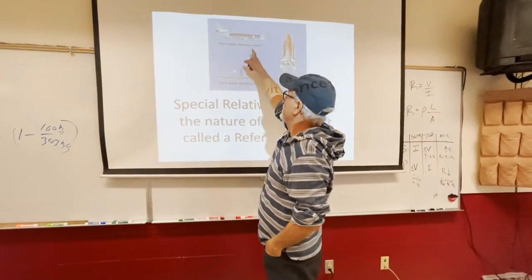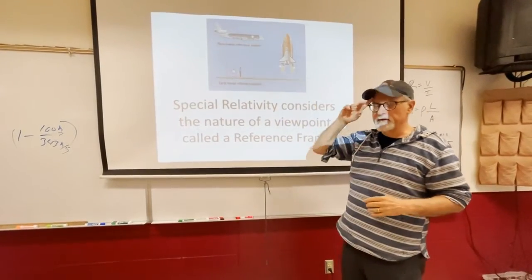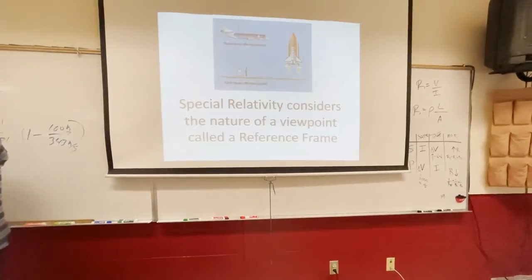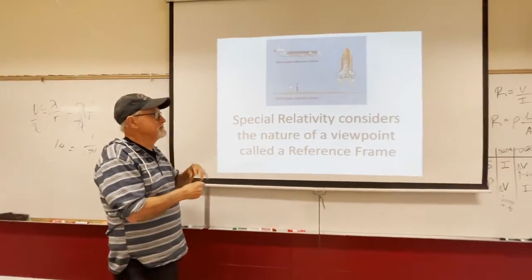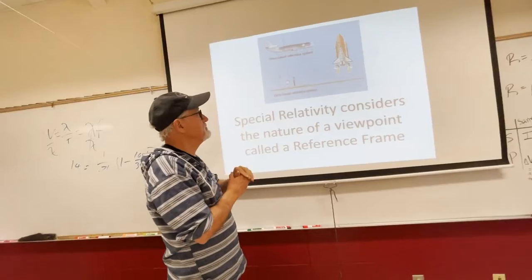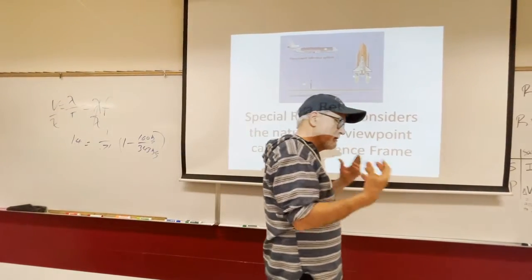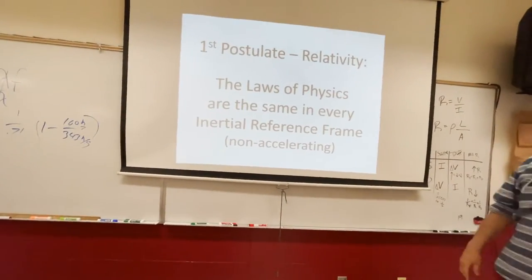An observer on an airplane watching it go by is going to see something else. They're going to see it going up, but they're also going to see it going by like this. The idea of reference frame or point of view is at the heart of special relativity. Okay, there are two postulates.